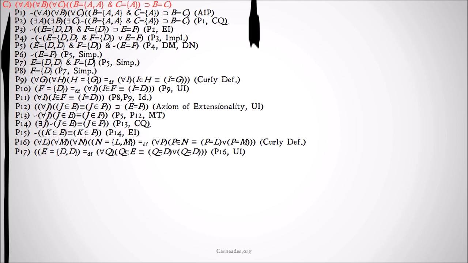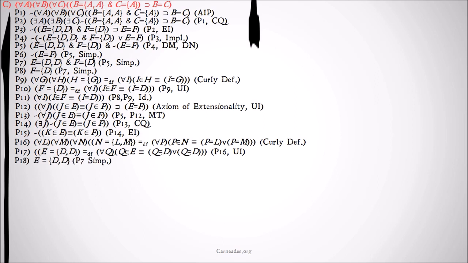I'm not sure why I switched variables there, but clearly I just wanted to be using a Q instead of a P. All right, so E equals the set of D and D, which we see earlier. That's what we're trying to use in there, so that's why we're instantiating that there. And then we're just basically instantiating both L and M as D here, because that's what our statement says.